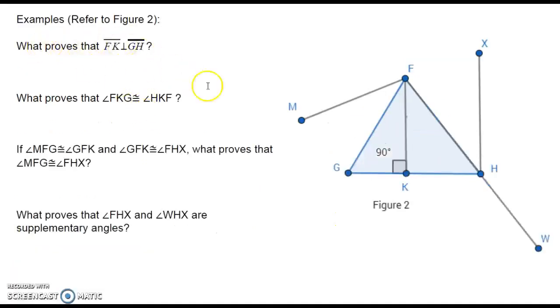Okay, so what proves that FK right here is perpendicular to GH? Okay, well, we can see right here, this angle is 90 degrees. So that's going to be the definition of perpendicular lines.